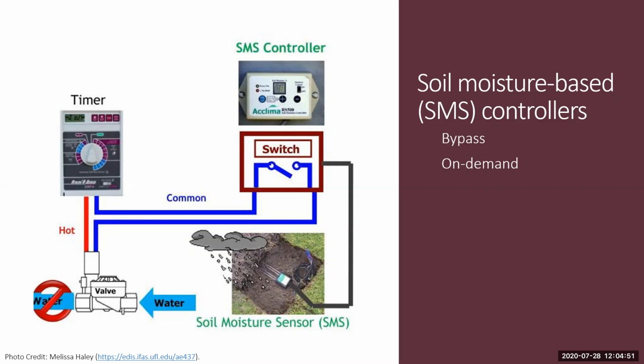And then that is connected to an actual soil moisture sensor that's buried in the soil. And so when sufficient soil moisture is reached through either rainfall or previous irrigation, there's no need to water. However, if it is dry and below the threshold, then it will allow watering at the next scheduled event for the bypass style.